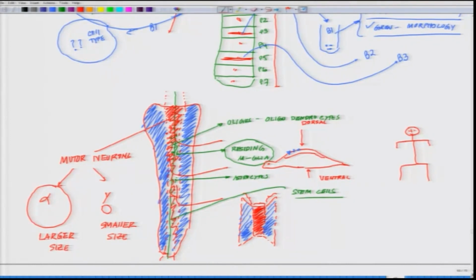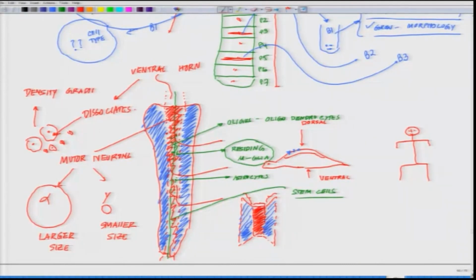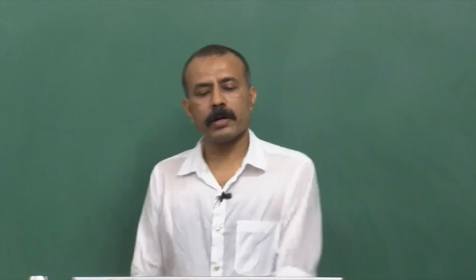And once you dissect out this part, which is called the ventral horn, then you dissociate the cells of the ventral horn, and these cells are then separated using a density gradient column. On a density gradient column, you separate out these cells.